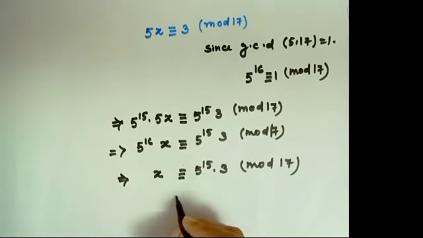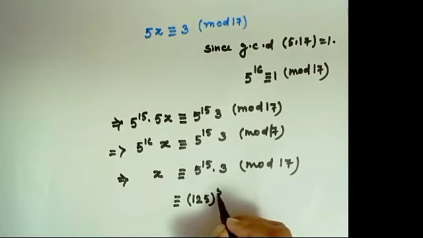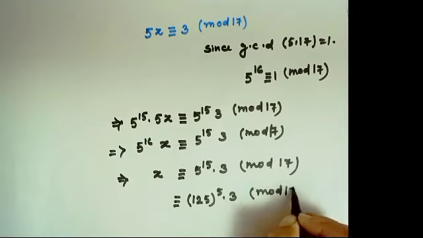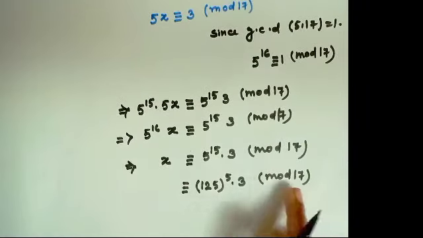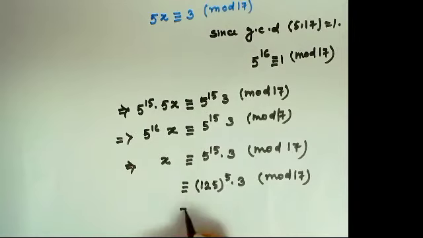5 to the power 15 we can write as 125 to the power 5 times 3 with modulo 17. And 125 modulo 17 will be 6.